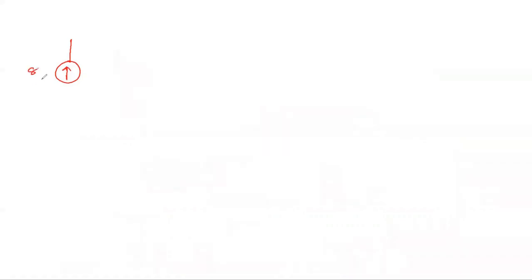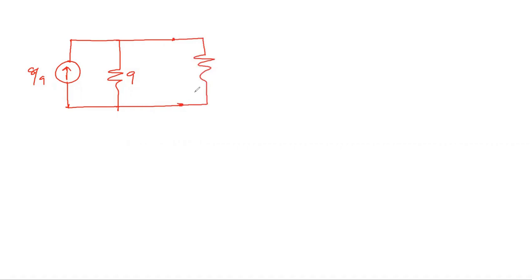This is 8 by 9, and there is a resistance, the Norton resistance. That is how much? 9. And there is a load resistance. Again connect it and find the load power.